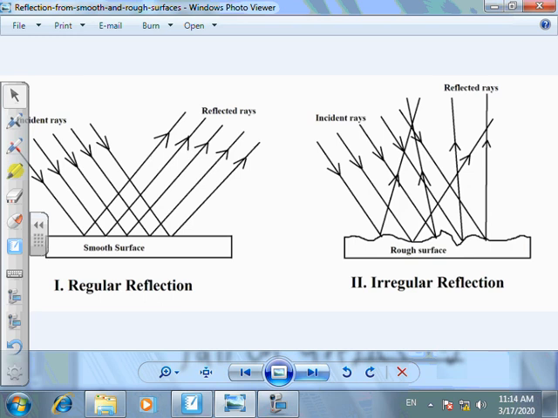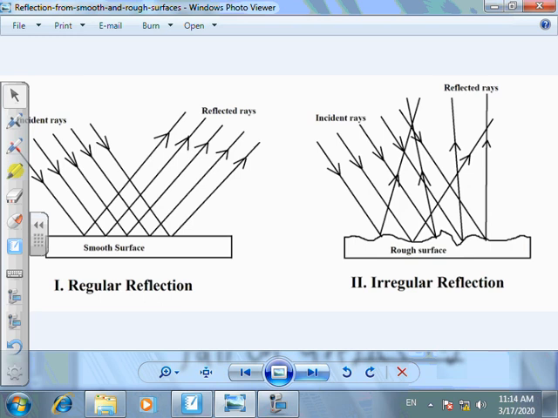If you are looking at the mirror, you can see your image. Why? Due to the reflection of light. So it's a regular reflection. The light rays fall on the reflecting surface in the same direction and return back. All the light rays return back together in the same direction.